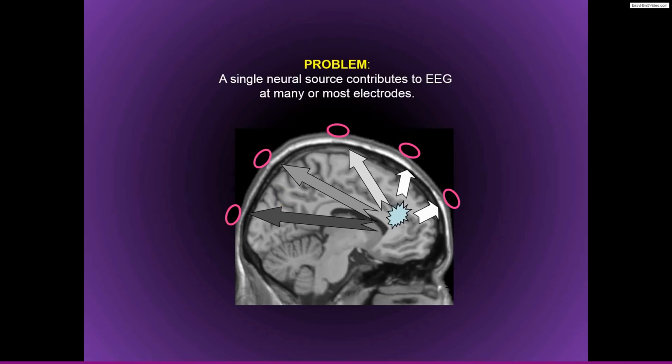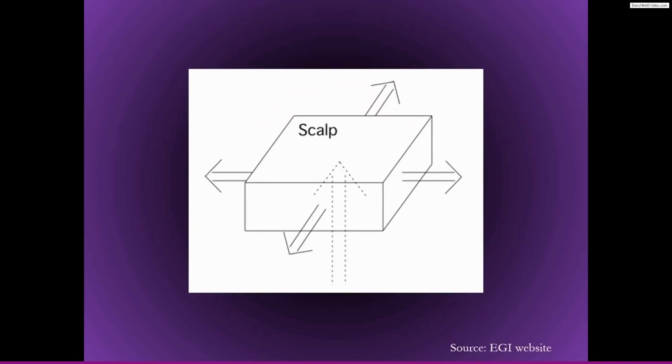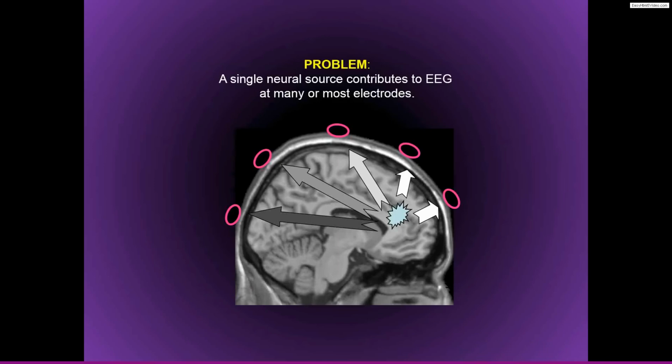So the idea of the Laplacian is to at least attenuate some of the volume conduction artifacts so that we can interpret the data a bit better. For both EEG and MEG, there is volume conduction in the sense that the electrical field and the magnetic field are propagated from a brain source, which could be very deep in the brain, to all of the electrodes or the sensors.